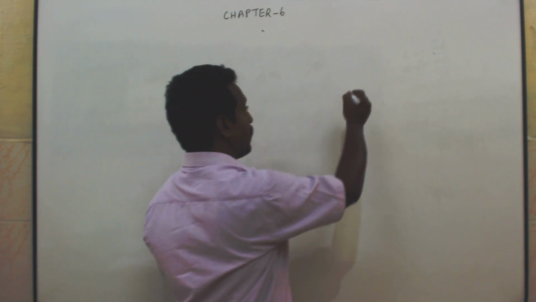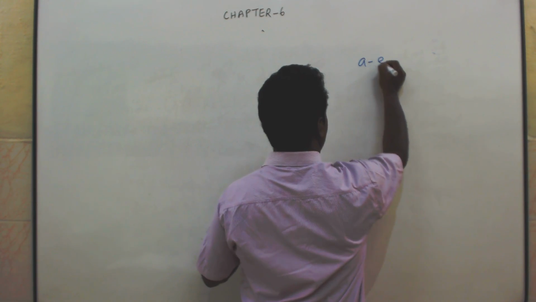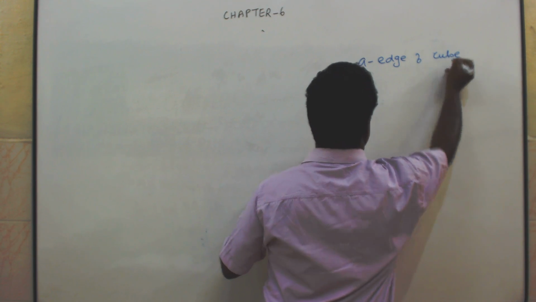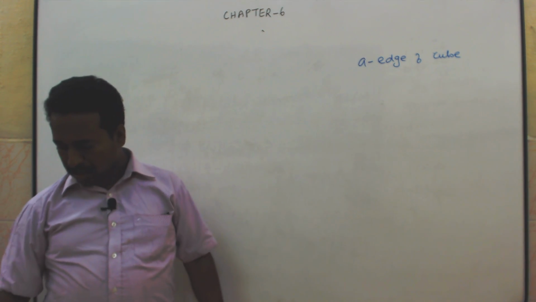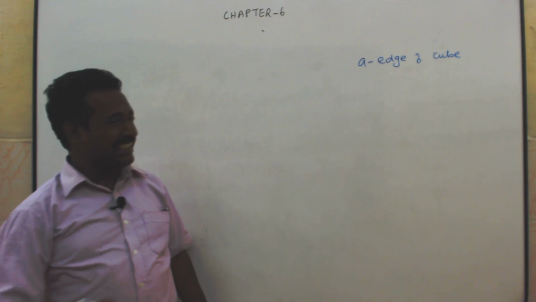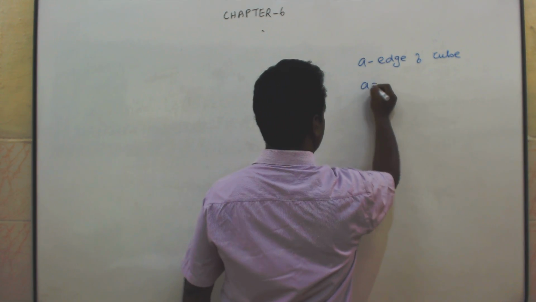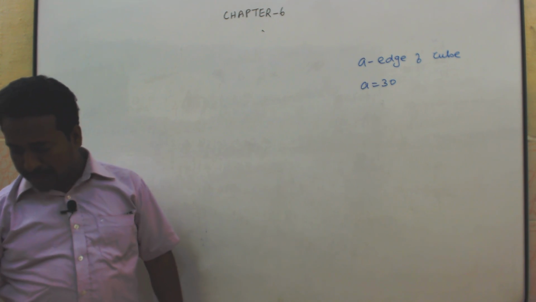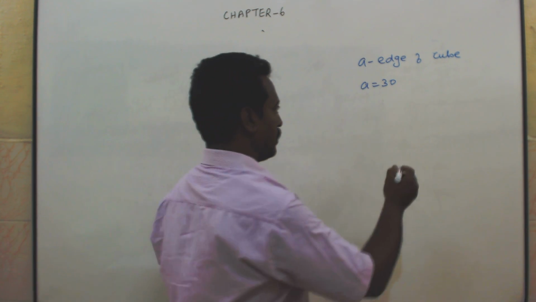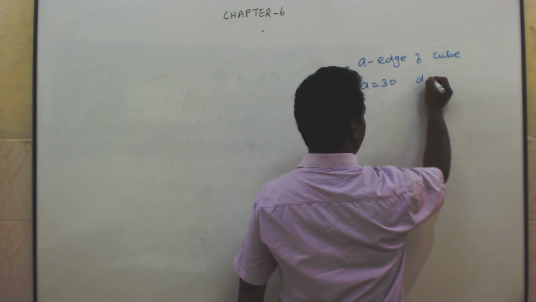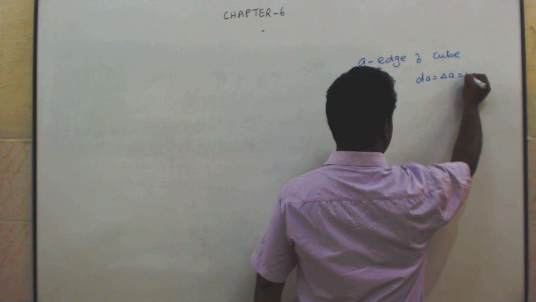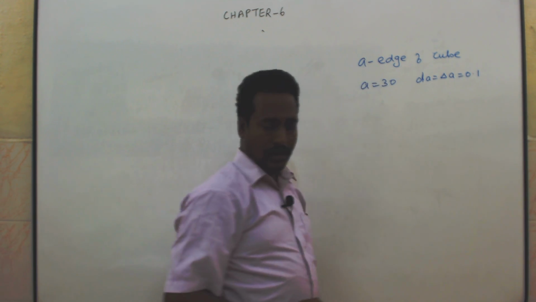Let A be the edge of the cube. What are the data given? A is equal to 30 centimeter. Then possible error in measurement, that is delta A approximately equal to dA, that is 0.1.